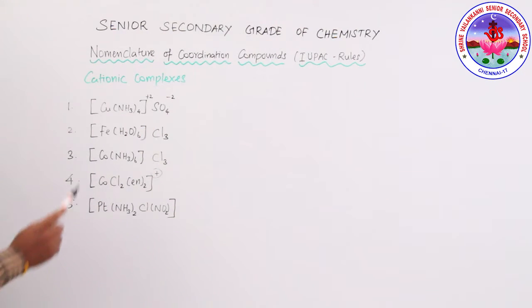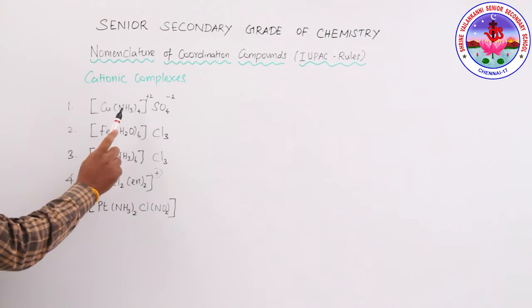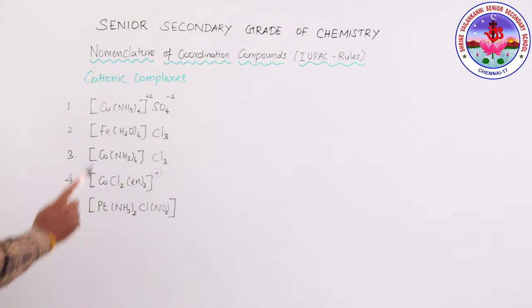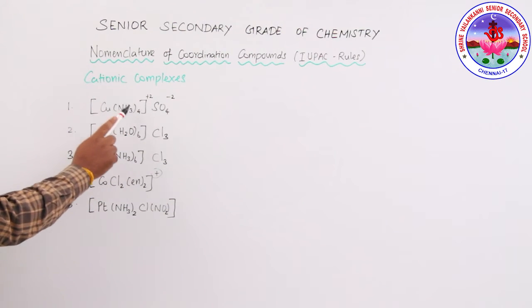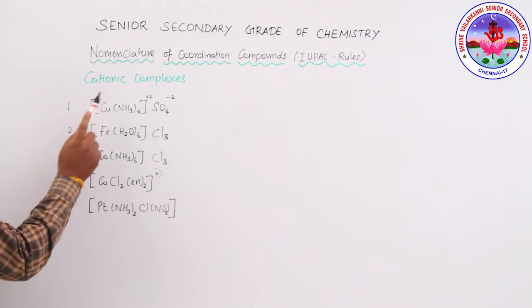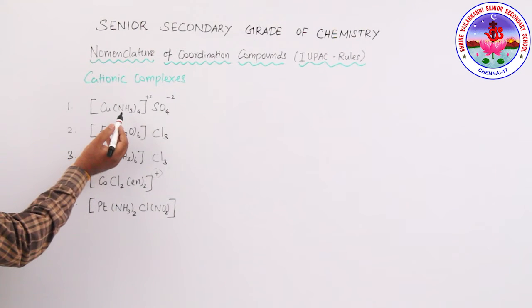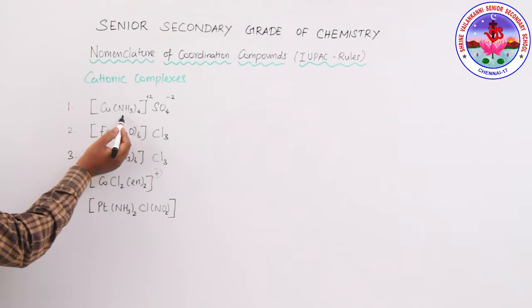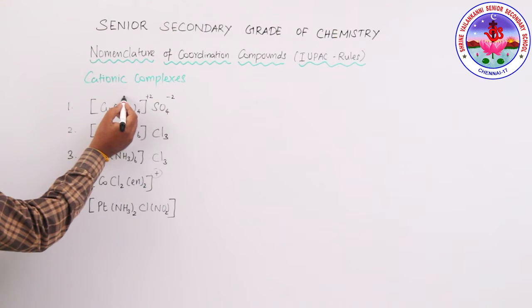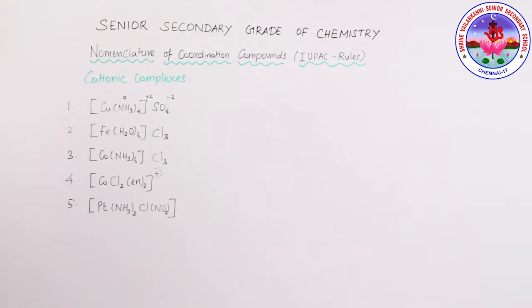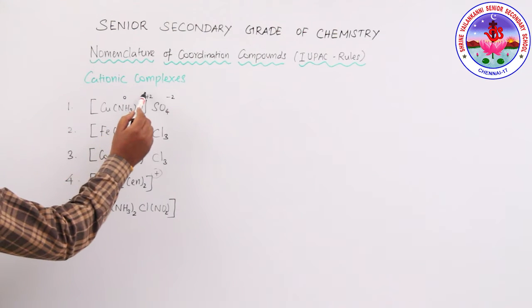Already I said the complex charge should be equal to the sum of the metal and ligand charges. Here NH3 is a neutral ligand, so its charge is 0.